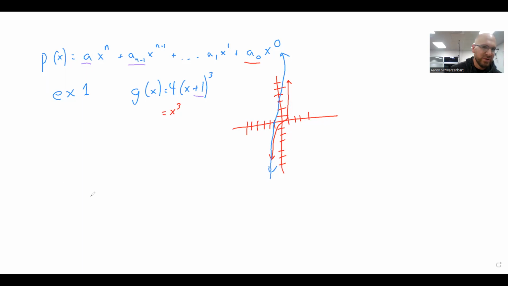And the second one they give me, h of x, is a quartic. A quartic's going to look like a quadratic, roughly, a little bit flatter on the bottom and a little bit steeper on the sides. Not squared. I don't know why I wrote squared. It's supposed to be to the 4th.